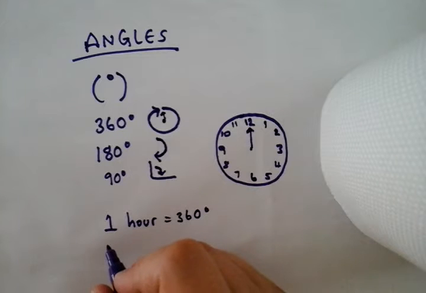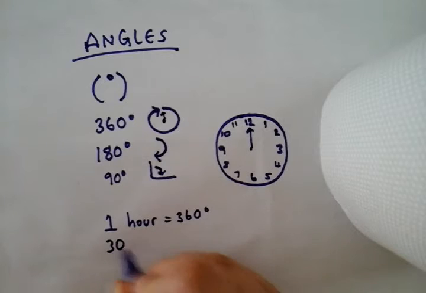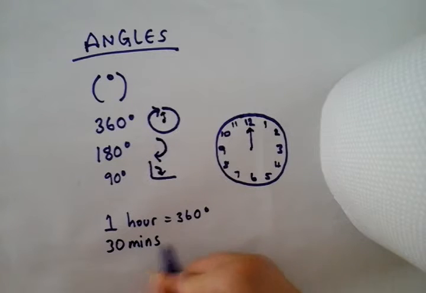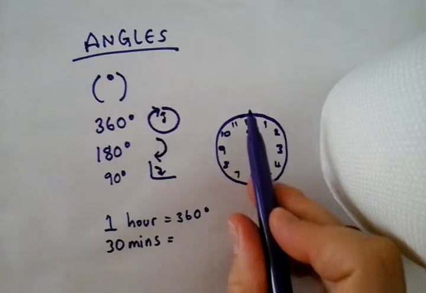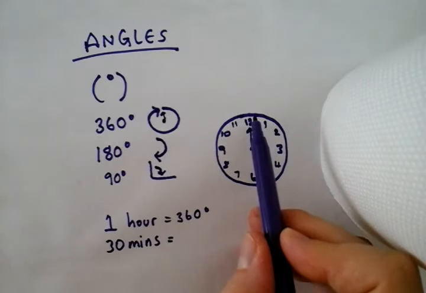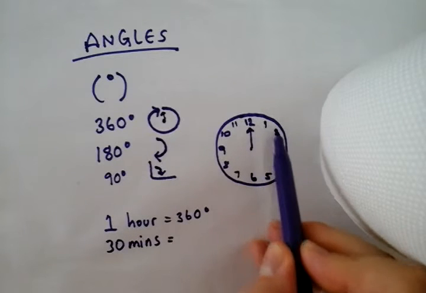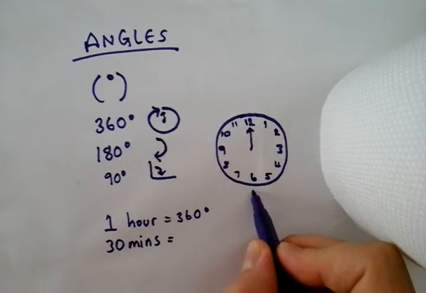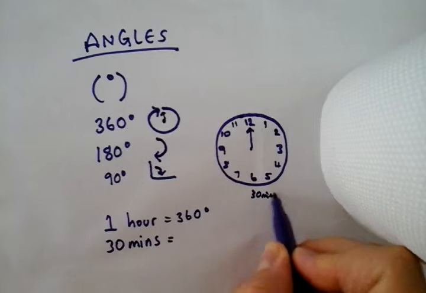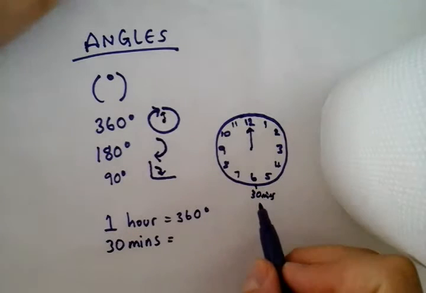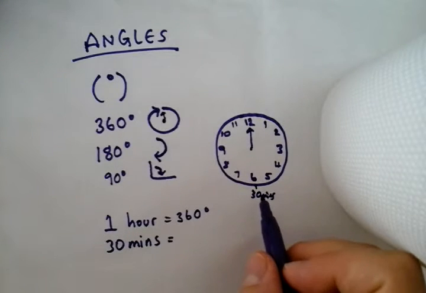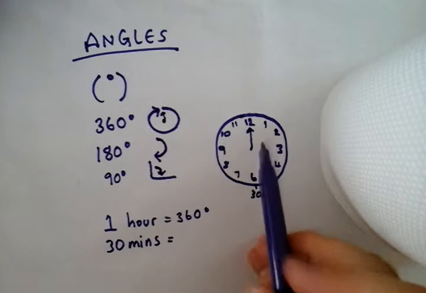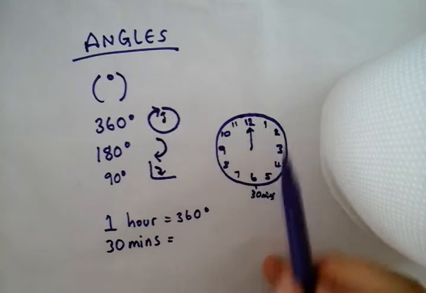And the next one, it says 180 degrees in 30 minutes. So 30 minutes is how much? It's half the clock. So 30 minutes, that's 5, 10, 15, 20, 25, 30. So that's 30 minutes there. So it's saying in half an hour, it's doing 180 degrees.